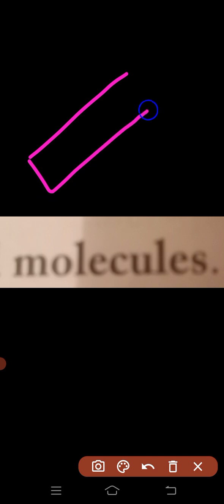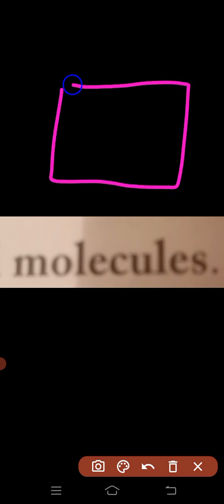Now you can see that this pen was there, right? To make this pen, there will be very small particles. It is actually made up of little small particles.